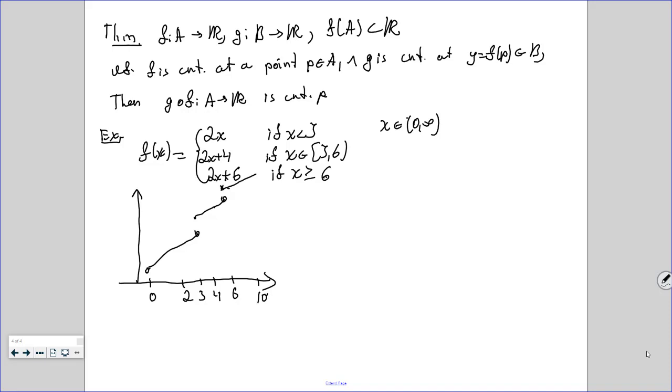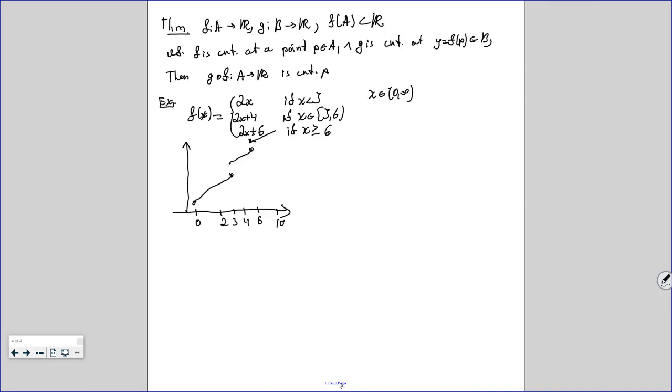So now the question is, can we fix the discontinuous function and define a new function based on this discontinuous function such that it is continuous? Basically, what we are trying to do is fix the jumps.